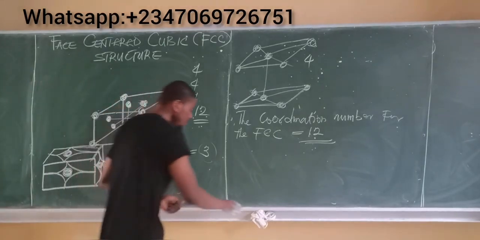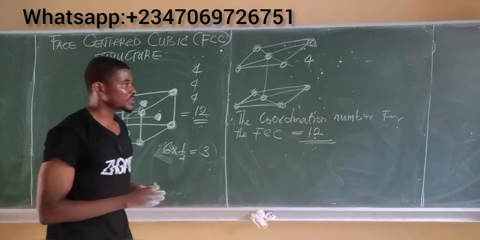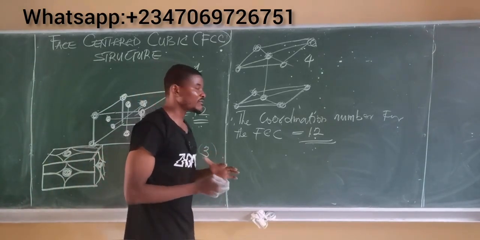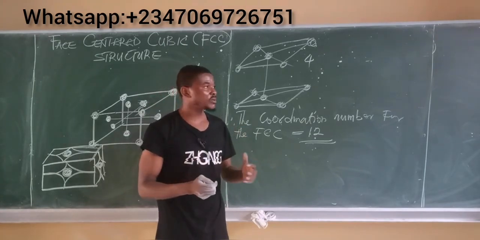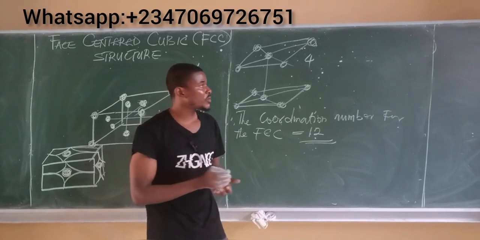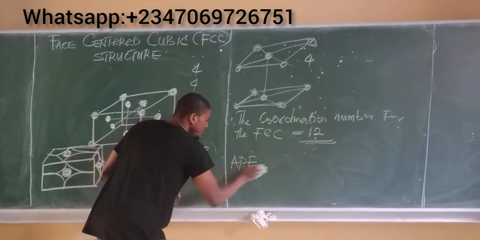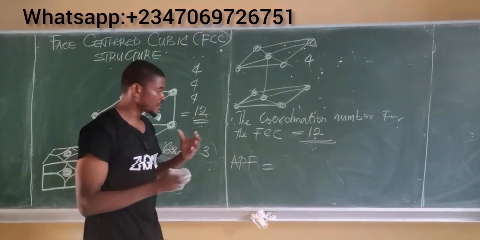All right. So having talked about the coordination number, the next thing we talked about in the previous videos is what? Atomic packing factor. I said these two terms are very key or important terms when talking about crystallographic planes: coordination number and the atomic packing factor. So I said that atomic packing factor tells us the percentage of volume or space which an atom occupies in a cube.